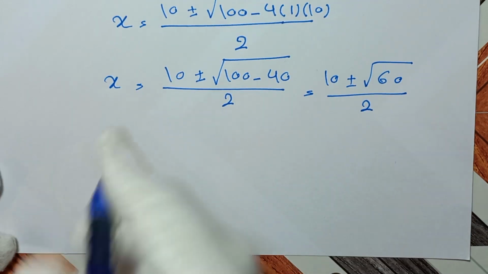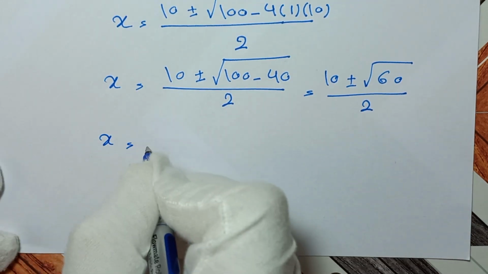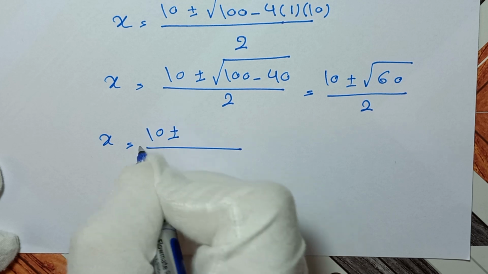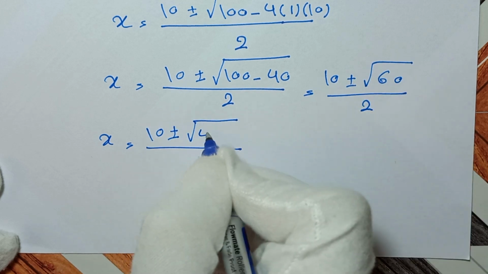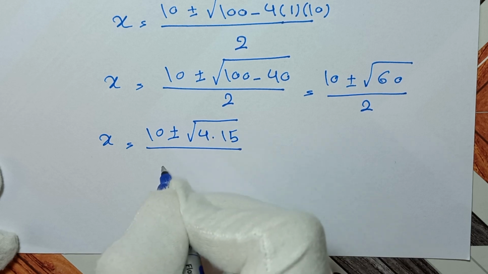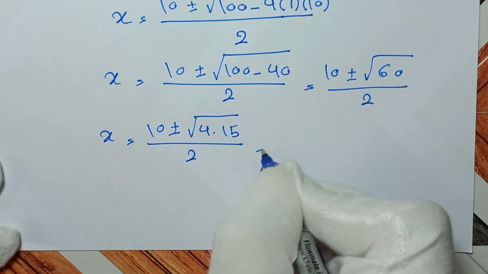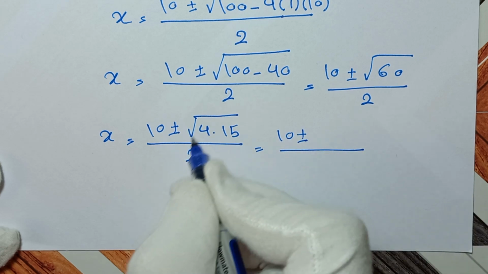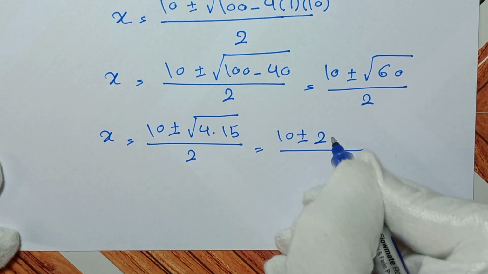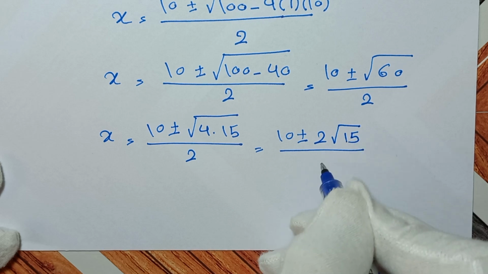So, in the next step, we can write 60 as 4 times 15, over 2. So, this is equal to 10 plus or minus square root of 4 is 2, so it will be 2 square root of 15 over 2.